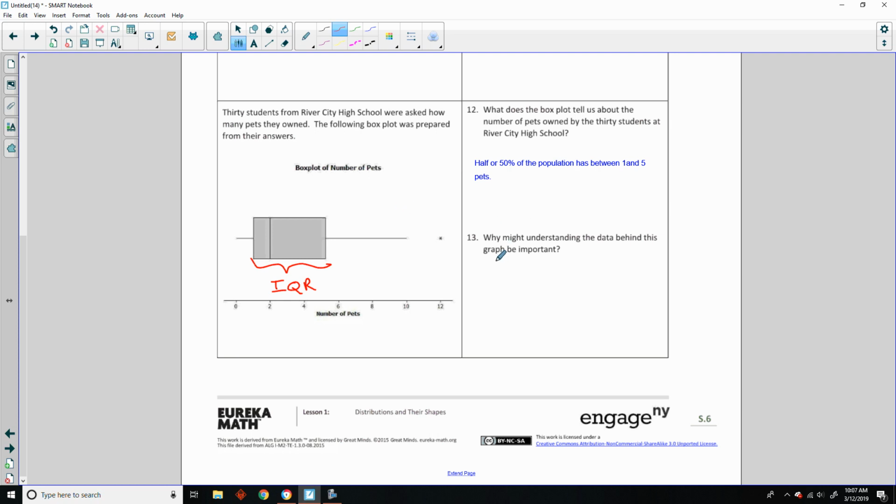Number 13. Why might understanding the data behind this graph be important? Well, there's many reasons. It depends on who's doing the study. What if you were a pet food company? You'd want to know how many people own pets.